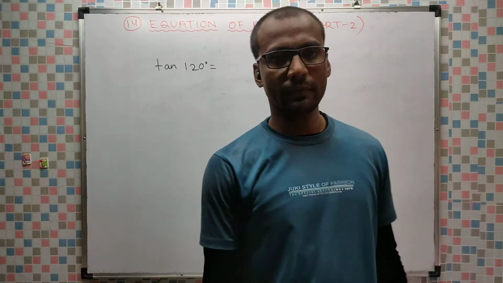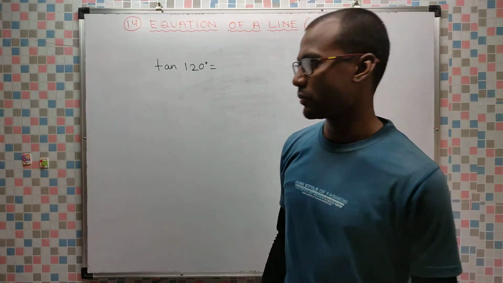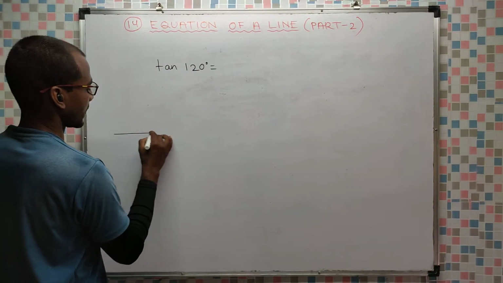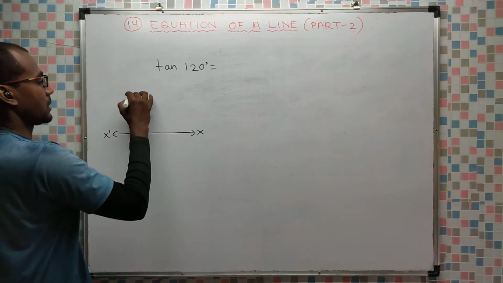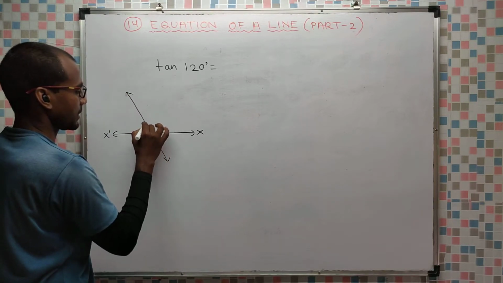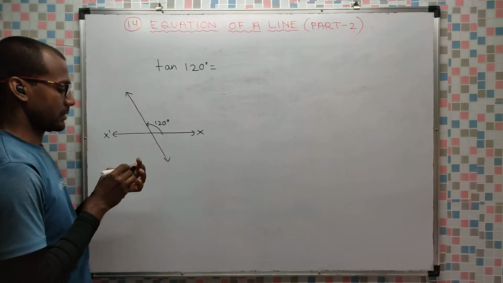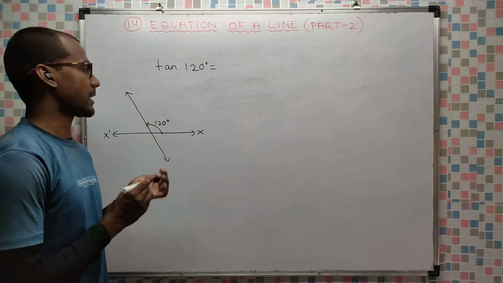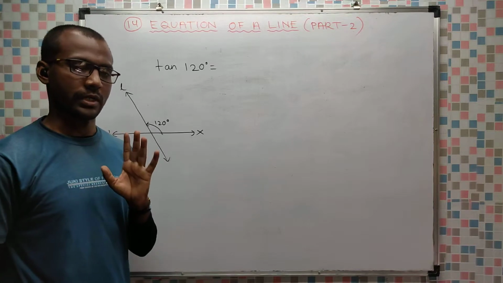Now tan 120 degree value we don't know, and in the table also not given. So how to find this? Tan 120 degree means, suppose this is the x-axis, and there is a line like this, and this angle is 120 degree. This 120 degree is the angle of inclination of this line L, and we are not able to find the value of tan 120 degree.